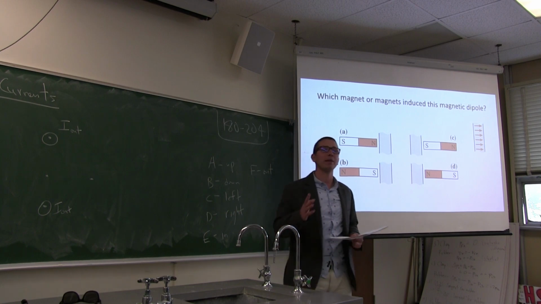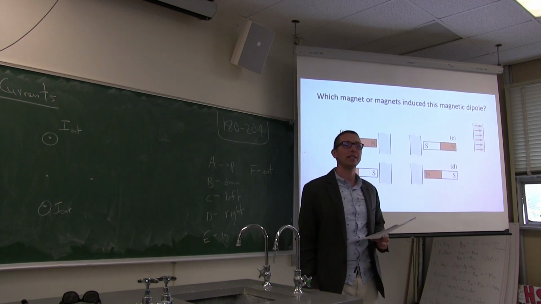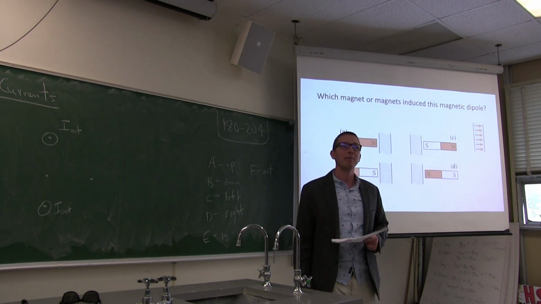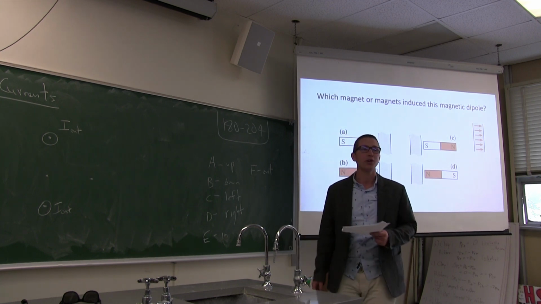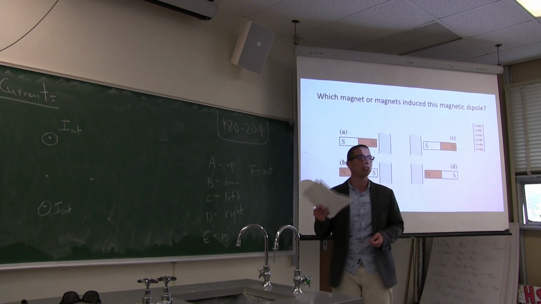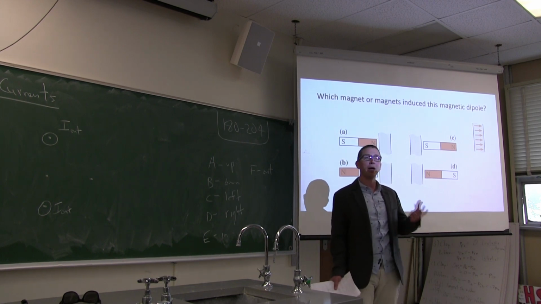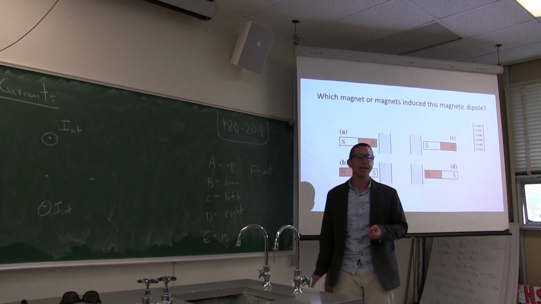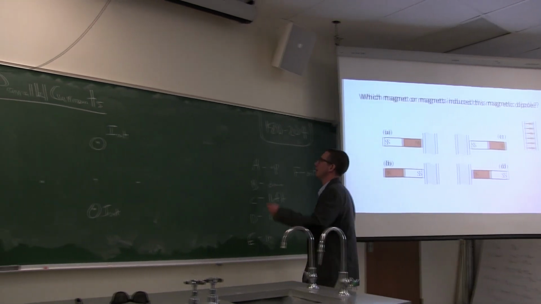Similarly to how an electric dipole wants to torque to align itself with an electric field, a magnetic dipole wants to torque to align itself with the local magnetic field. And each individual electron that's unpaired in an orbital is like a little magnetic dipole.